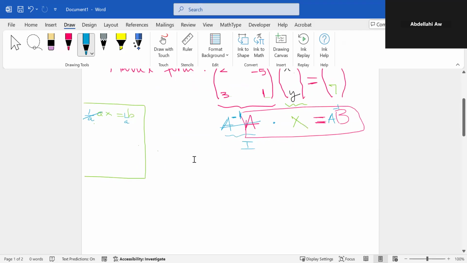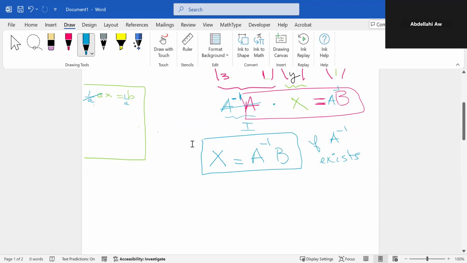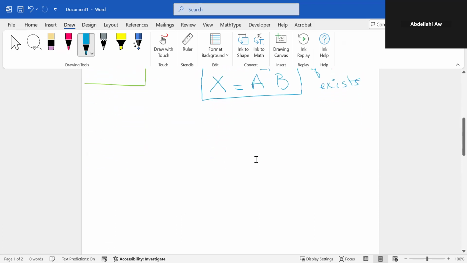What we get is the solution X equals A minus 1 times B. Of course, if A minus 1 exists, right? All right, so now all you have to do is go and find A minus 1.